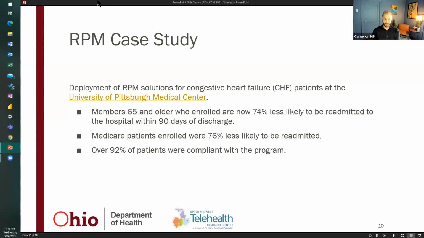So it helps illustrate some of the fit that an RPM service may have to that particular patient population. Those Medicare patients that were enrolled were much less likely to be readmitted in general, even past that 90 days of discharge. And then over 92% of patients were compliant with the program.